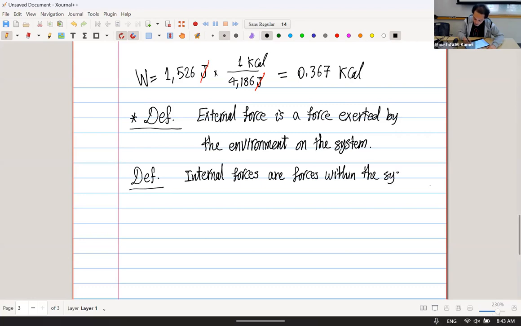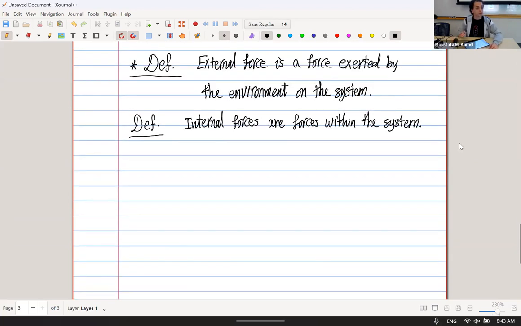I know this seems obvious, but it's important to note because it can easily be confusing when you get it to work. So only external forces can change the energy of a system.